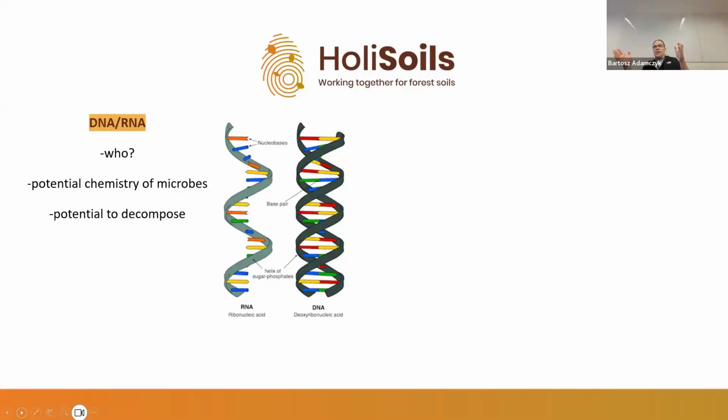We are searching for, I don't know, this or that specific species of fungi, and with these methods, we can find it there. We can also get information about the potential chemistry of microbes and potential to decompose, because using DNA and supported by RNA, we know that this typical fungus is doing typically this or that. Using DNA and RNA methods, we can figure it out.